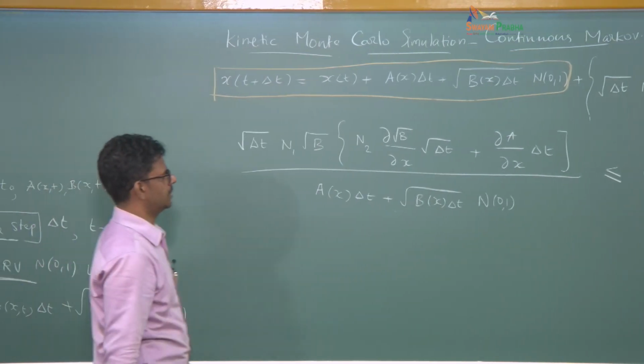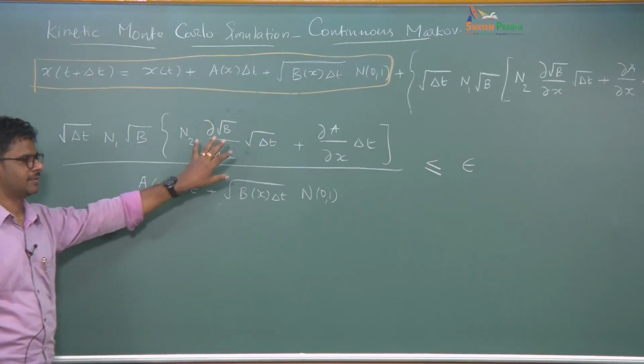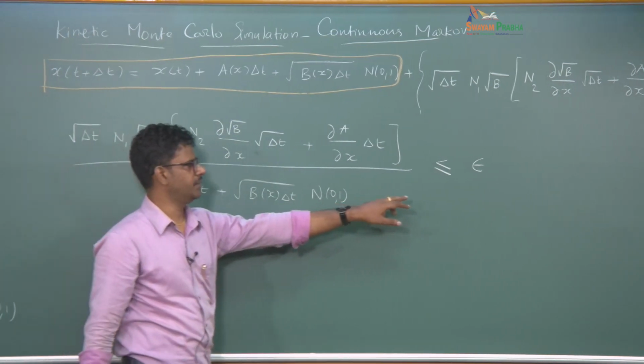So this has to be a very small number, epsilon. This ratio of the error term by the leading order term should be a very small number.